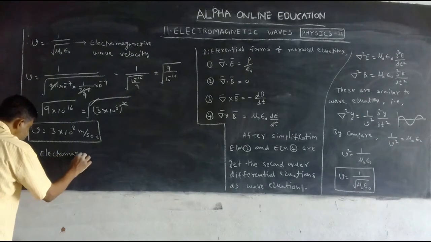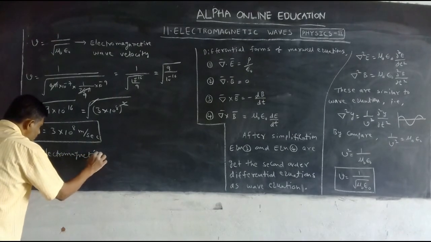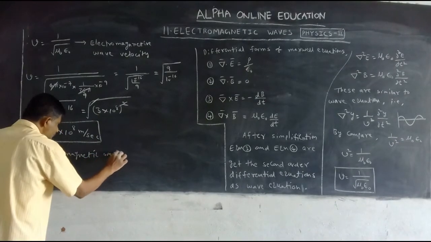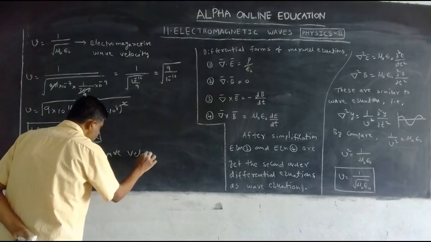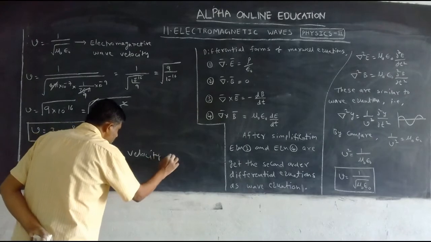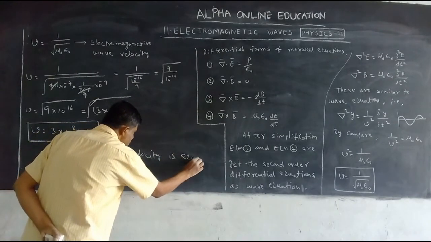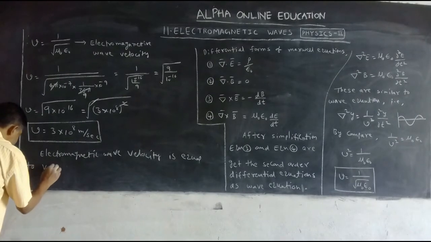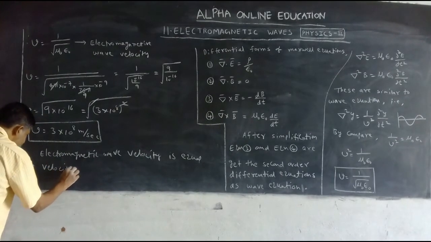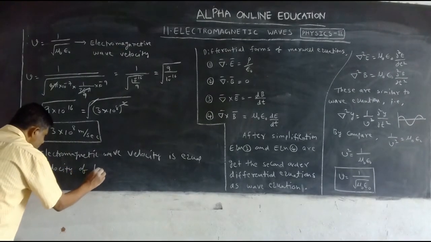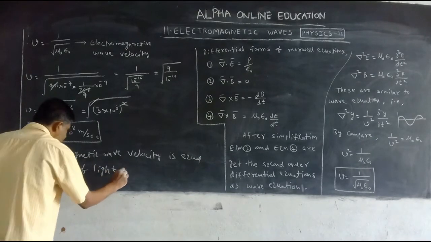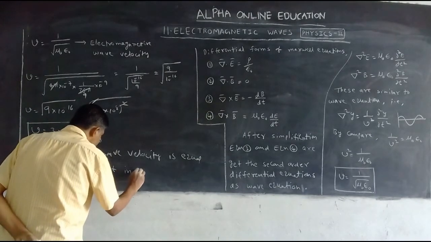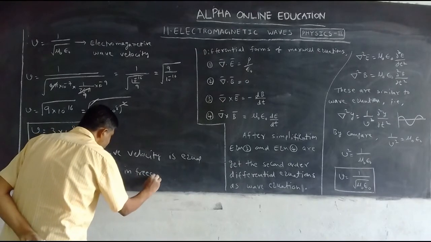Electromagnetic wave velocity is equal to velocity of light in free space.